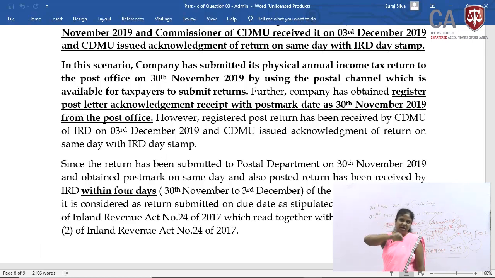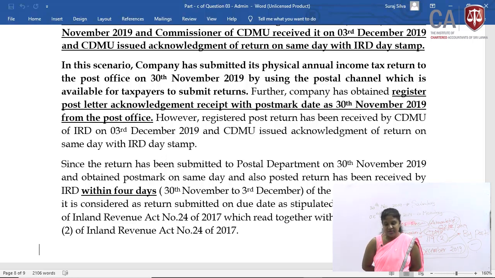Now, first one manual, second one online, third one postal. If the examiner tested all 3 provisions in the Act, it gives you a wide variety of knowledge, 100% application knowledge on this particular section, with the postal channel being available for taxpayers to submit returns.